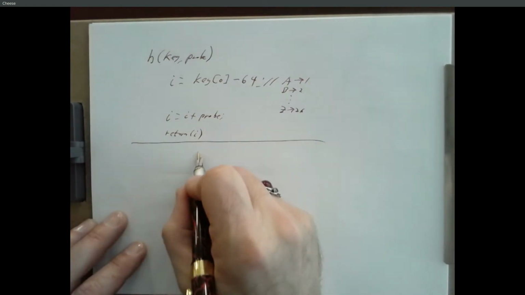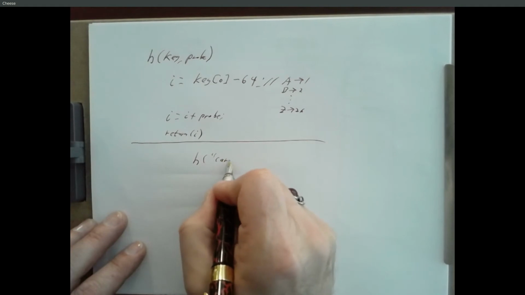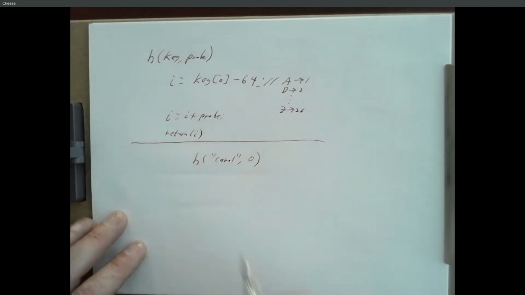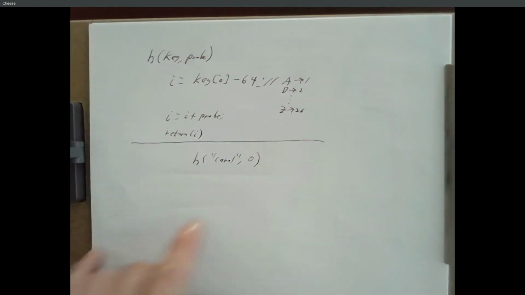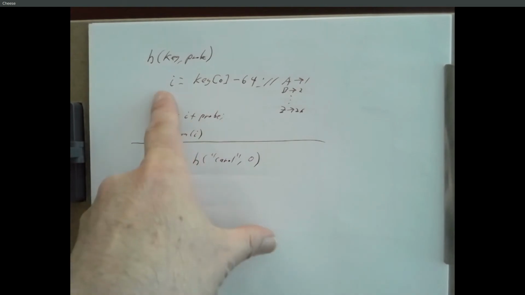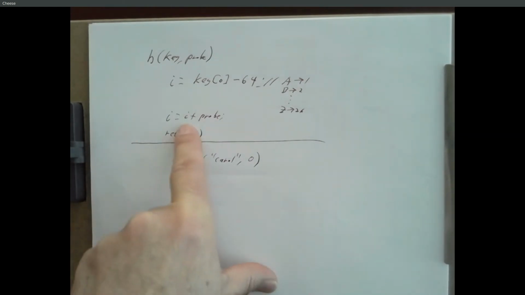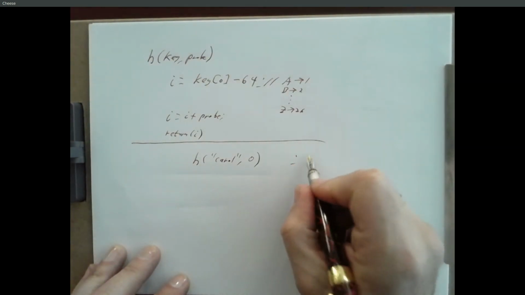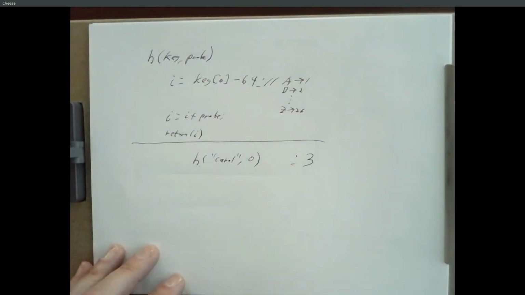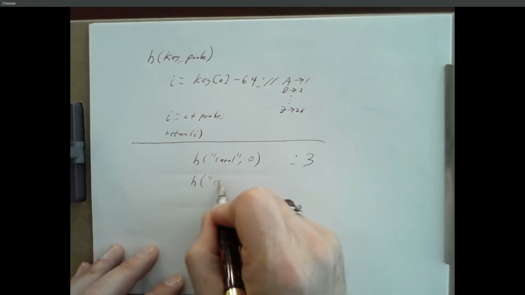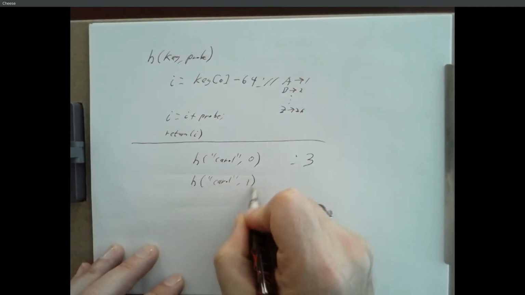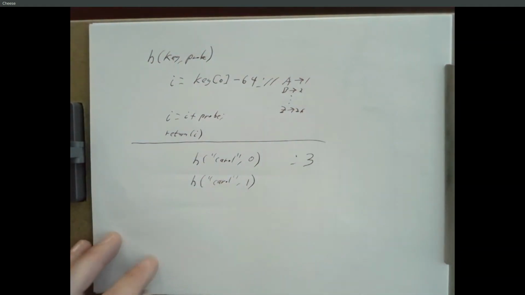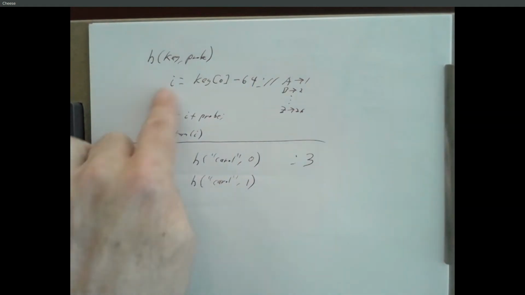So what's that going to do? If I hash Carol with probe 0, first character of the string is a C, that's ASCII code 67. Subtract 64, I is equal to 3. Probe is equal to 0, it's going to return a 3. If I were to call this with a probe of 1, again 67 minus 64, I is equal to 3.